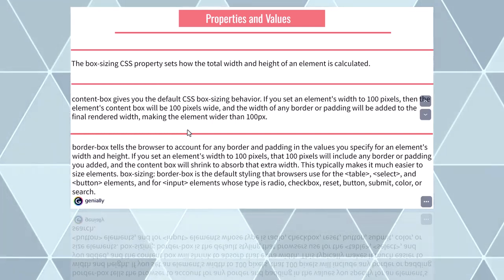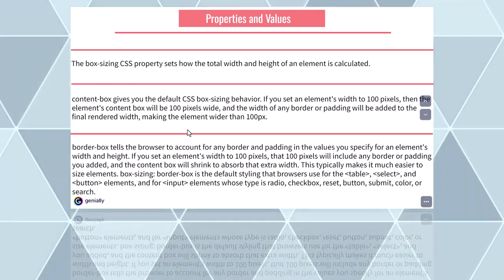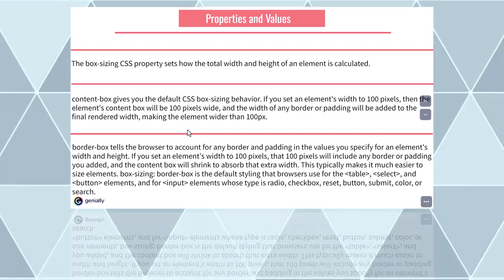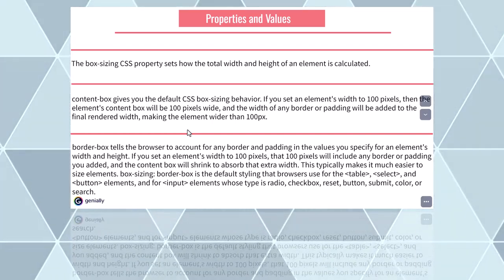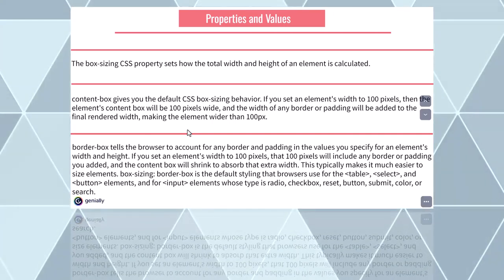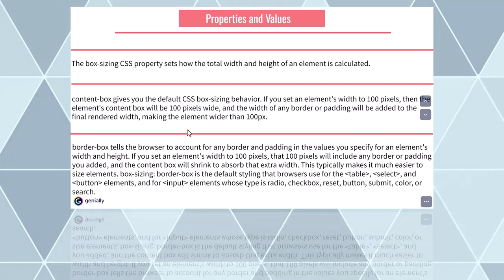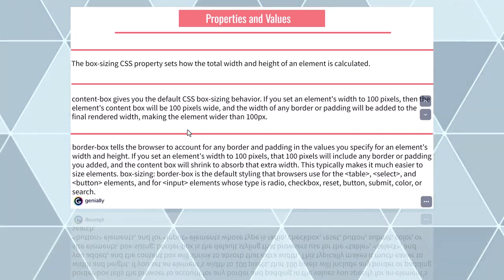Remember, the box sizing property is all about calculating the total width and height. Let's just keep that in mind, because we are talking about the box sizing property, and content box and border box are all values of it. So then I think a border box calculates the width and height of your box.